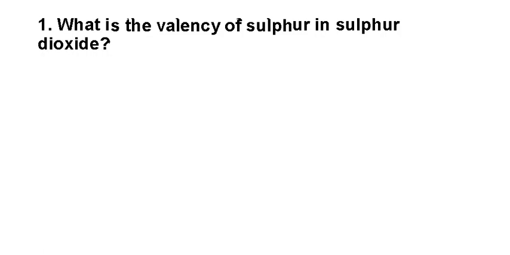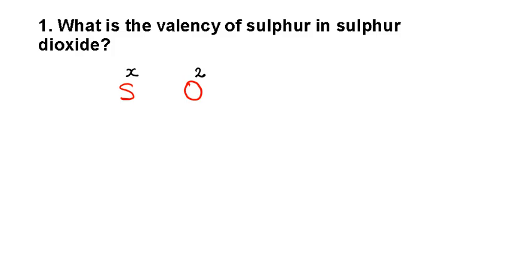Here we have sulfur and oxygen. You know that the valency of oxygen is 2. I am looking for the valency of sulfur in sulfur dioxide, so let's take the valency of sulfur to be X so that we can calculate it.